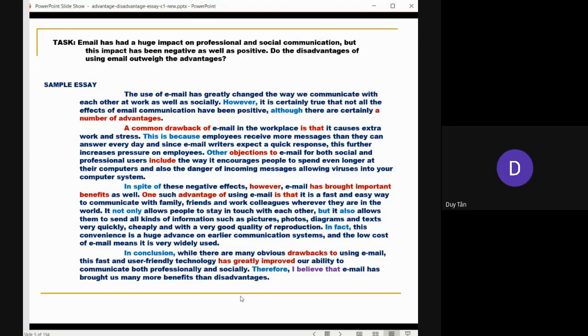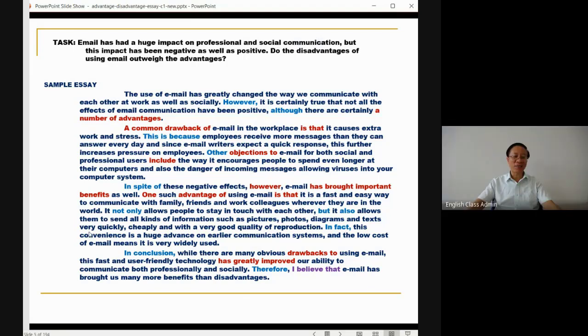The technique used in the concluding paragraph is to conclude both advantages and disadvantages, then raise your opinion. Now I'd like to tell you to remember something.